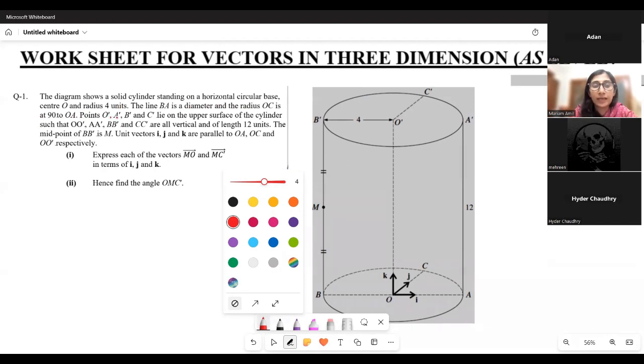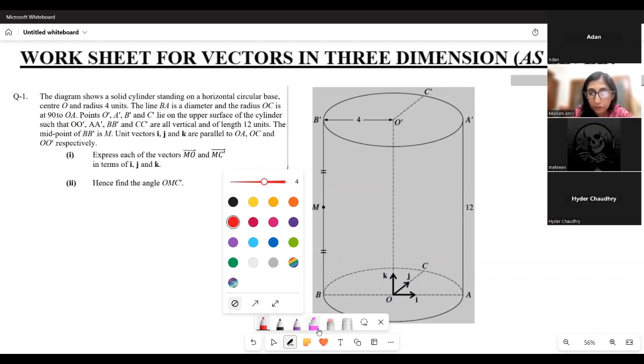Points O dash, A dash, B dash, C dash lie on the upper surface of the cylinder such that OO dash, AA dash, BB dash and CC dash are all vertical and of length 12 units. The midpoint of B dash is M. Unit vectors i, j, k are parallel to OA, OC and OO dash.